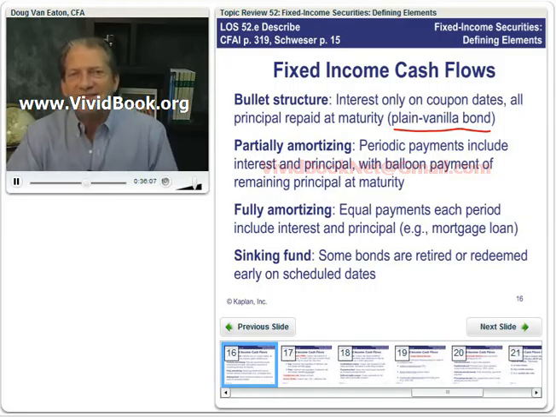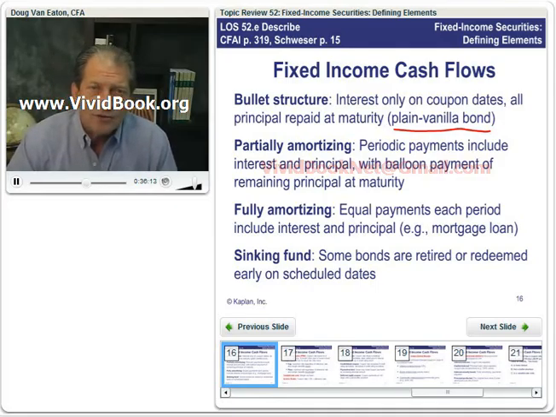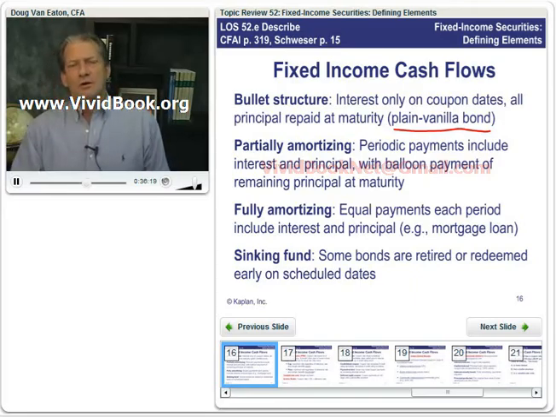Now, what's a sinking fund? Well, a sinking fund started out as a fund in which a borrower would put money to assure lenders that there would be some money there. Say it's a $20 million 20-year bond issue.